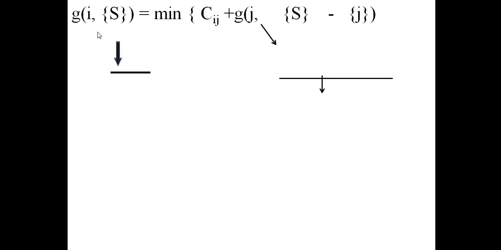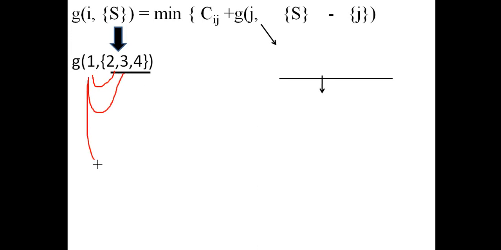Here we apply the same formula: G of i comma S equals minimum of C of ij plus G of j, S minus j. Here i is 1, and S values are 2, 3, 4.